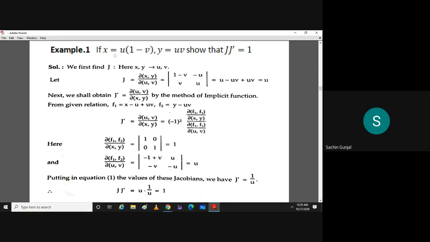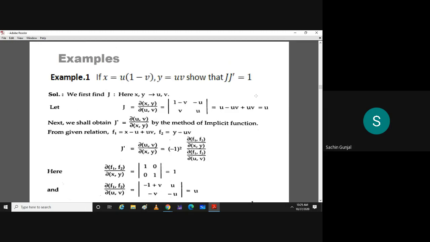Did you understand how to express u in terms of x and y? Yes, sir. And v is also a function of x and y. That means u and v are actually explicit functions, isn't it? Yes, sir. But still we are using the method of implicit function.